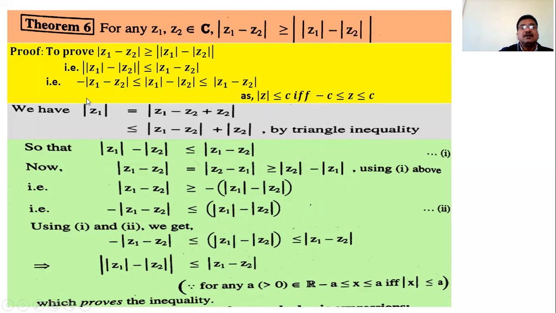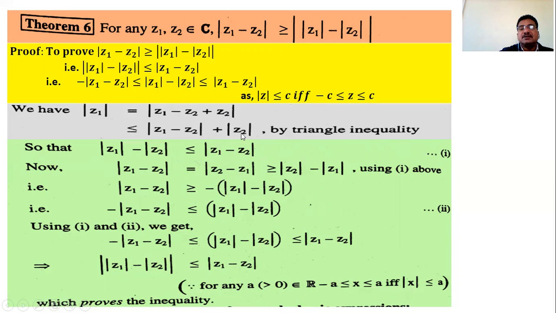Start with |Z1| = |Z1 − Z2 + Z2|, subtracting Z2 and adding Z2. Consider this as one complex number and this as the other. Suppose this is A and this is B. Then |A + B| ≤ |A| + |B| by the triangle inequality.